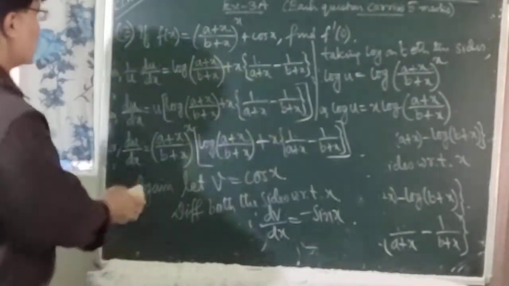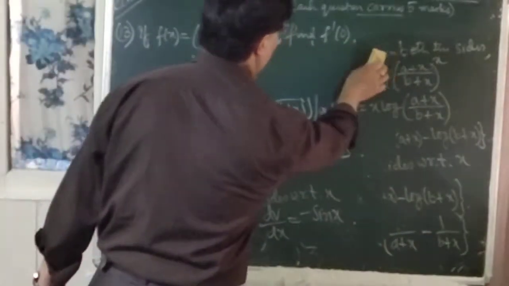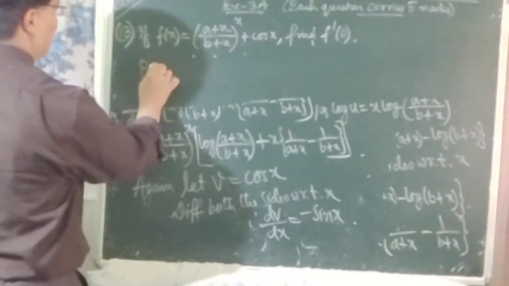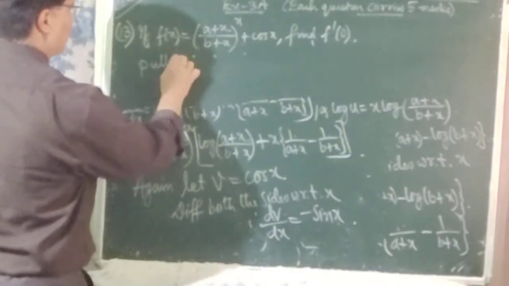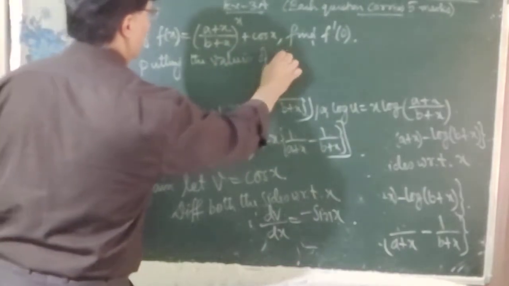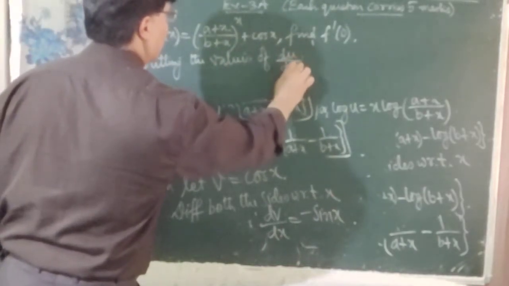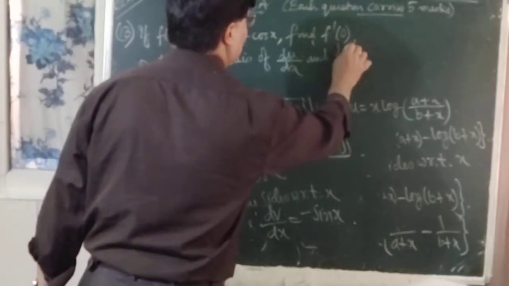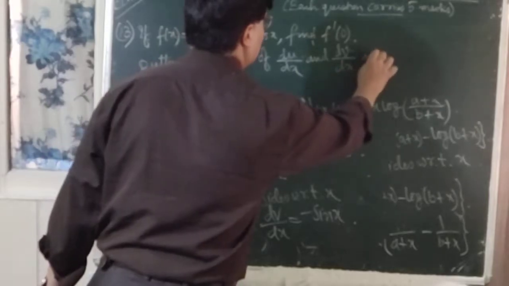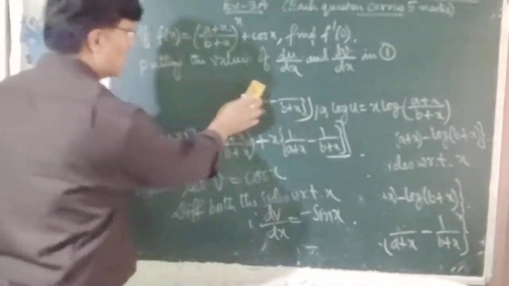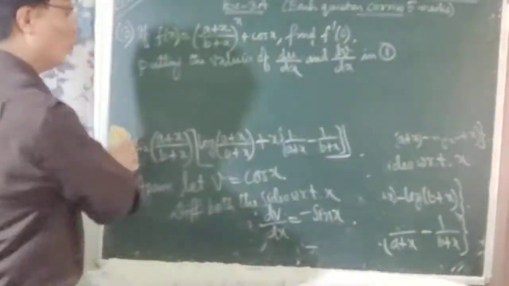Okay. So now write down, putting the values of du by dx and dv by dx in number 1.